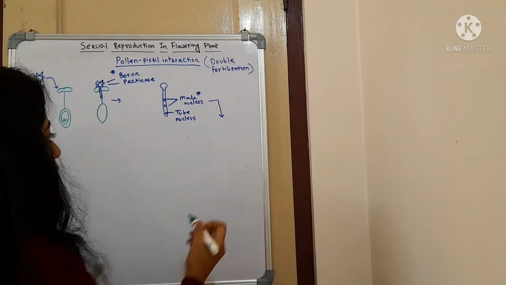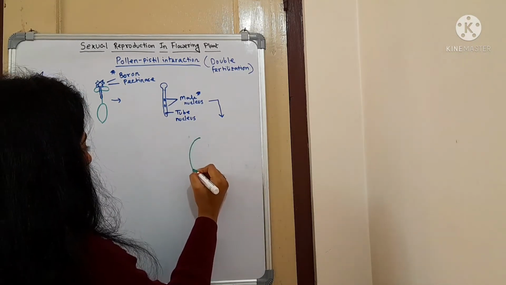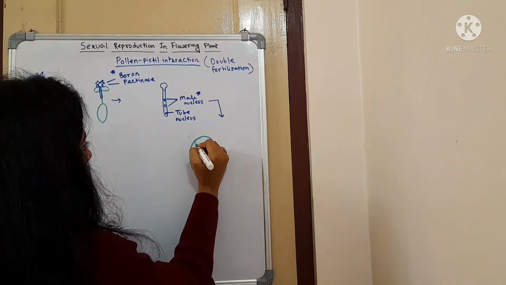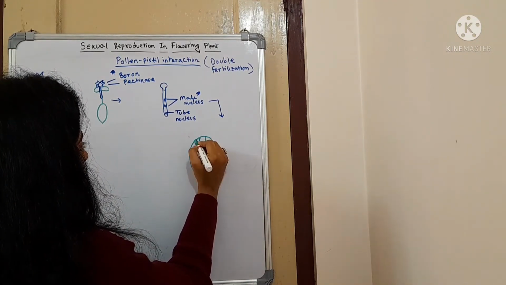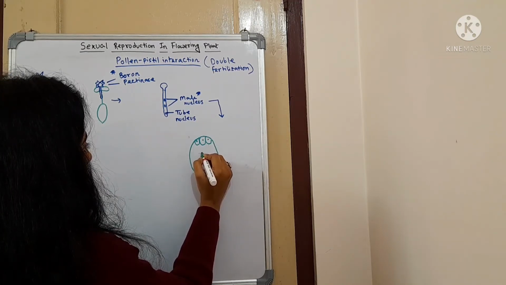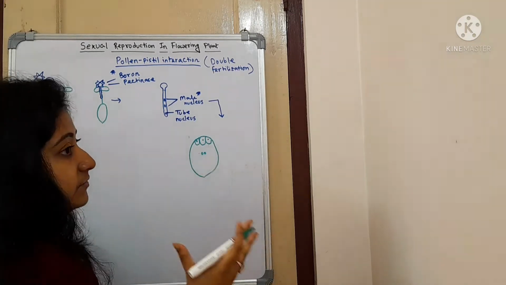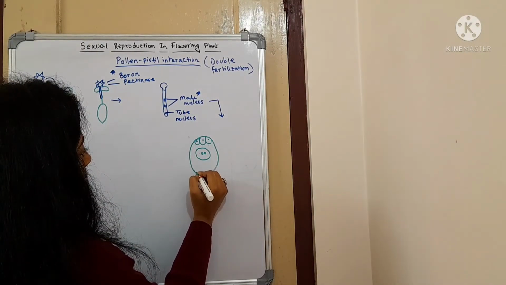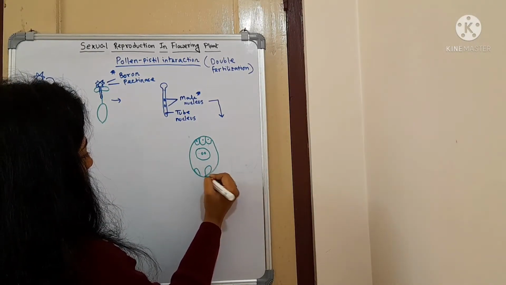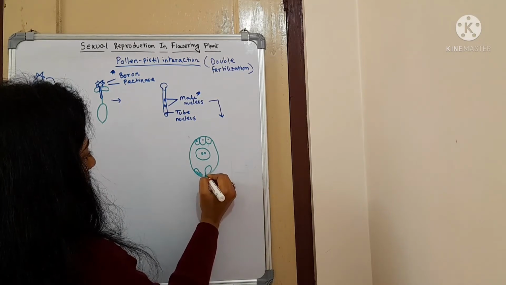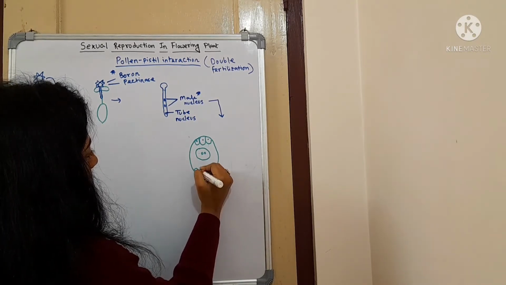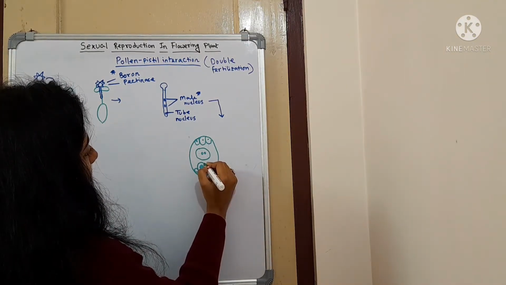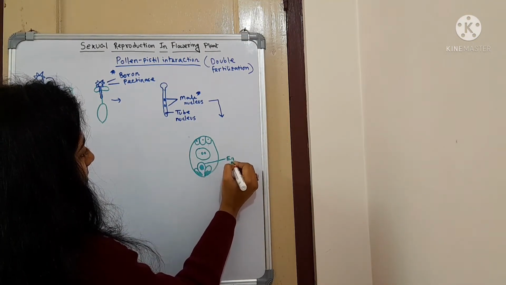Now let me once again draw the structure of the embryo sac. This is the structure of the embryo sac, where there are three antipodal cells. There is the central cell which consists of the polar nuclei, and there are the synergids which have the filiform apparatus, finger-like projections like this, and one big cell containing a big nucleus, that is the egg cell, right?